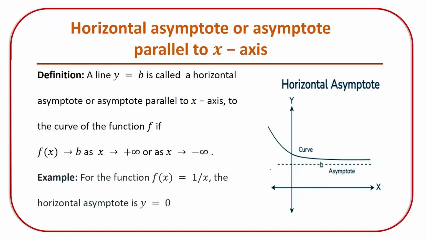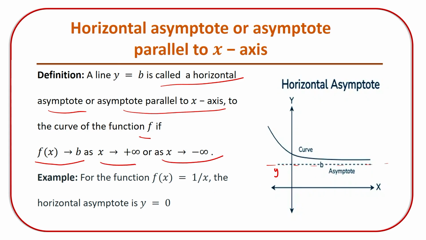A line y equal to b is said to be a horizontal asymptote, or asymptote parallel to the x-axis, for the curve of the function f if f(x) tends to b as x tends to infinity or x tends to minus infinity.